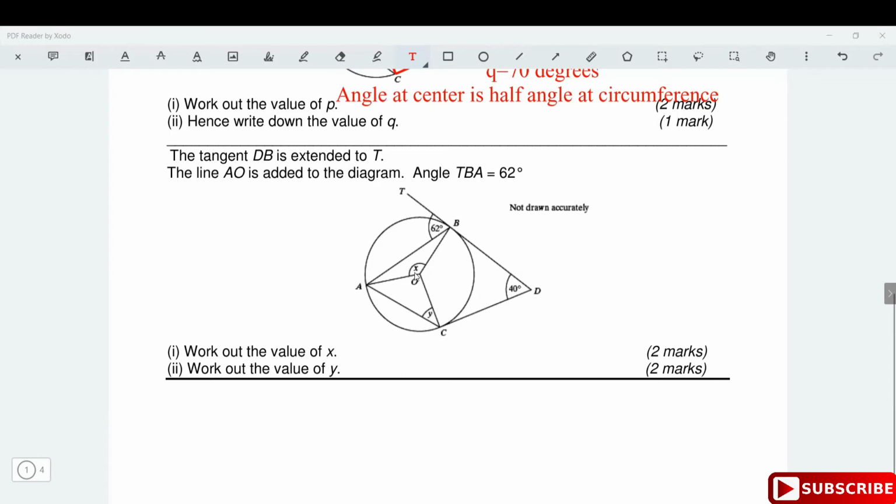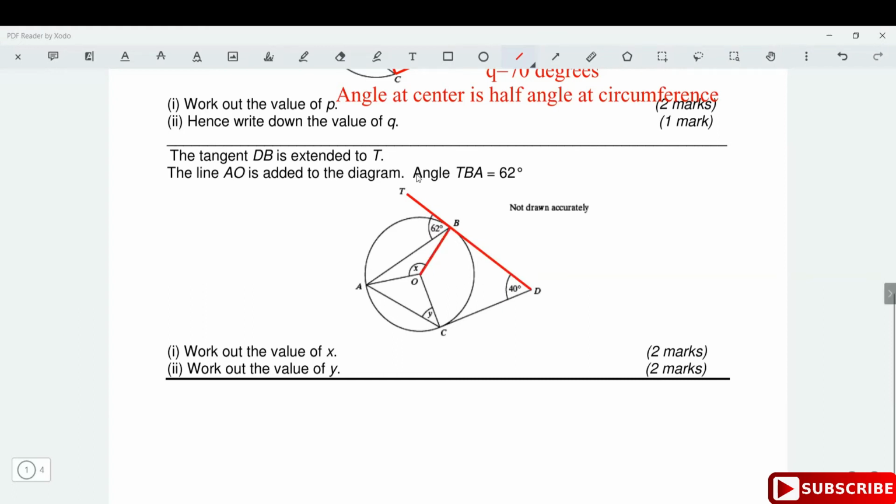What do they want? They want the angle at X. So this is where we come. Angle between a tangent and a radius is 90. So that angle between the tangent and the radius is 90. This angle right here is always 90.